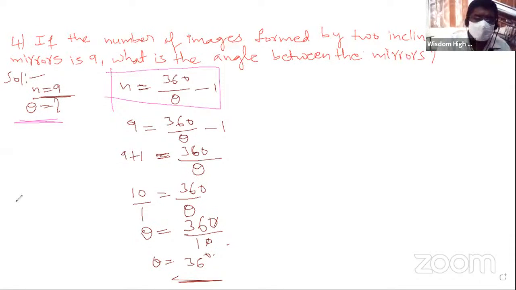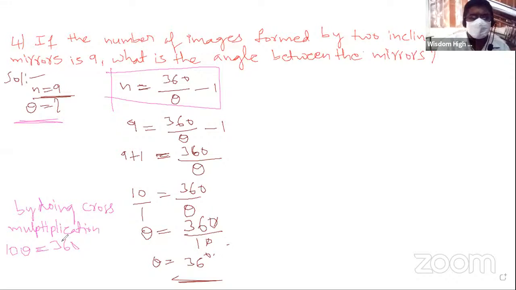By cross multiplication, 10 theta equal to 360, then theta equal to 360 by 10.